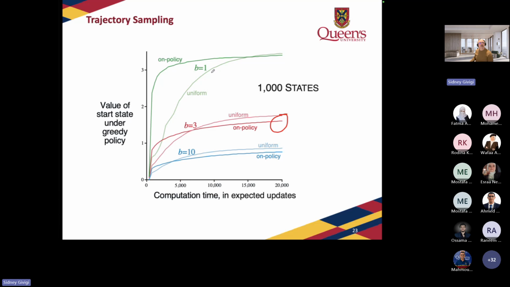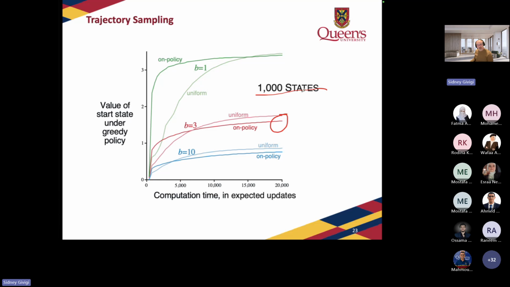So here is going to be the value of the start state under this greedy policy. Even though the uniform is going to give you these better values here, observe that the rise is going to be much faster. And this rise is going to be much faster in more complex environments, because this is a very small environment, like 1,000 states, this is actually not going to be the same.